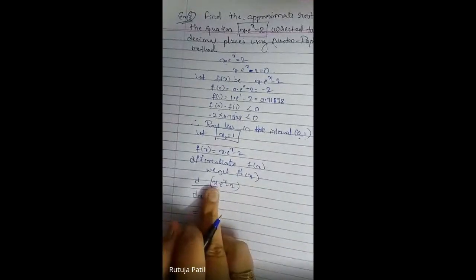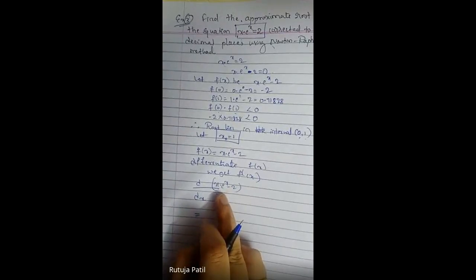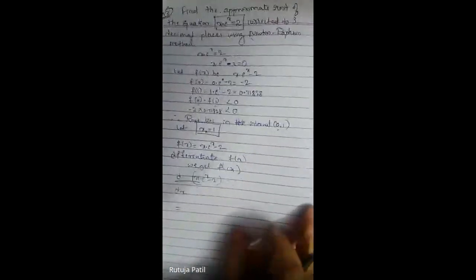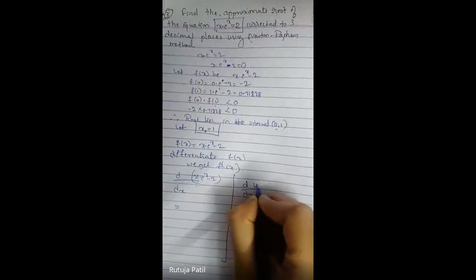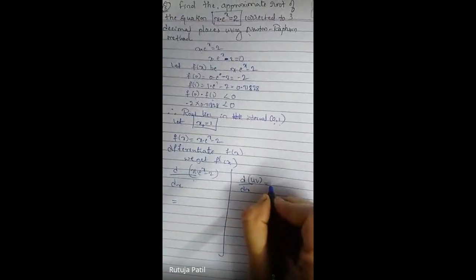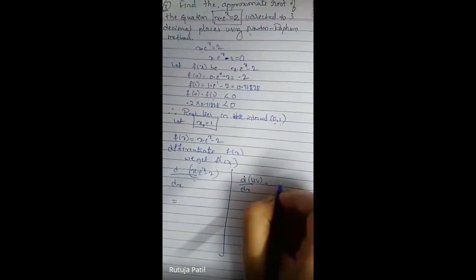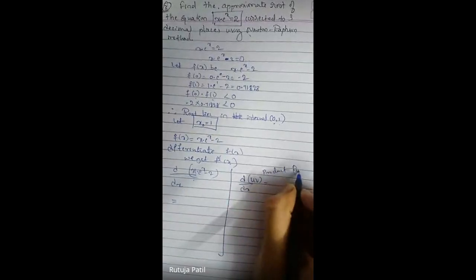You can see x into e to the power x is in which format? It is product rule we have to apply here. You remember d by dx whenever we have u into v, how do we differentiate this u into v? Product rule we have to apply here for the differentiation.